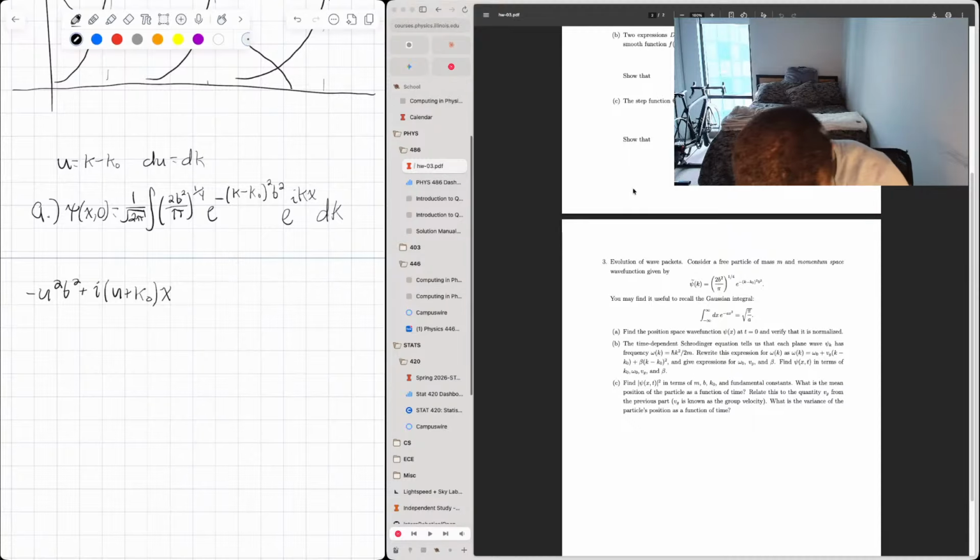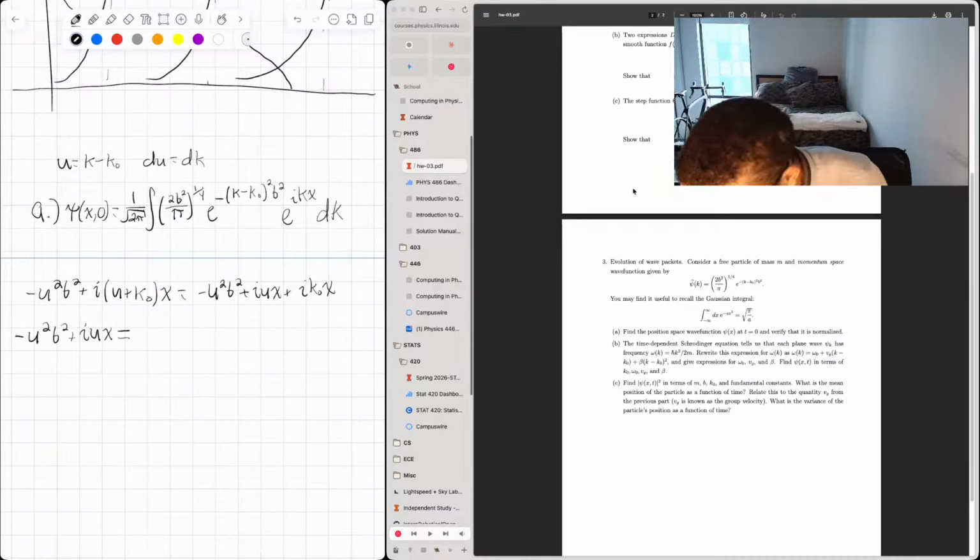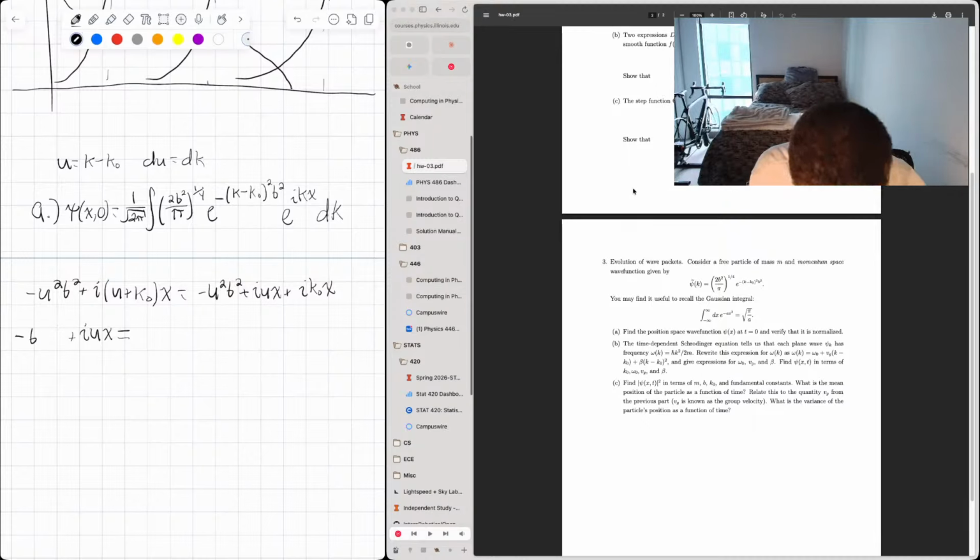So we're going to pull one part of this out. So ik naught x comes out of the equation. And then we're just left with u squared b squared plus iu x, which will do complete the squares. So minus a, which is b squared, u squared, and then ix u.